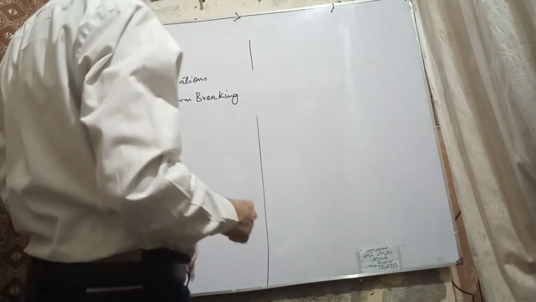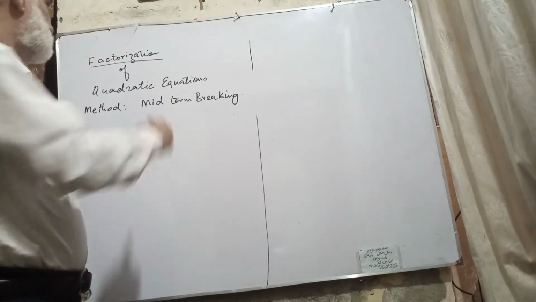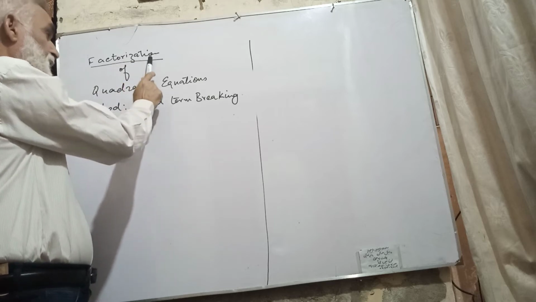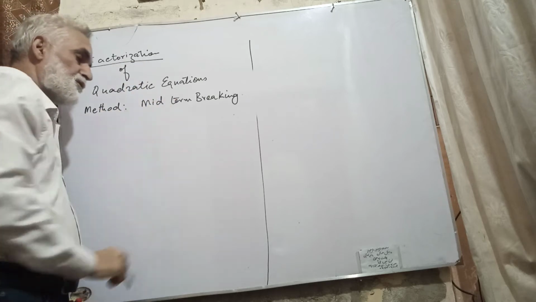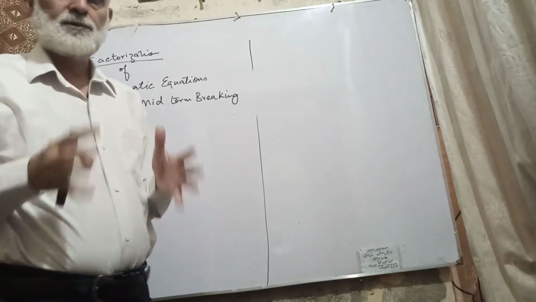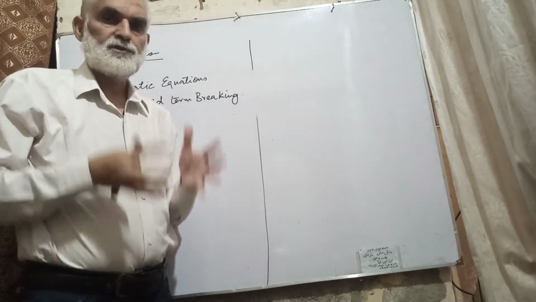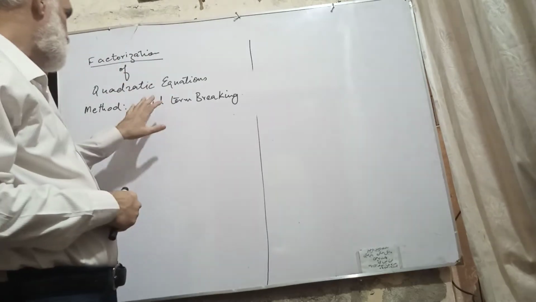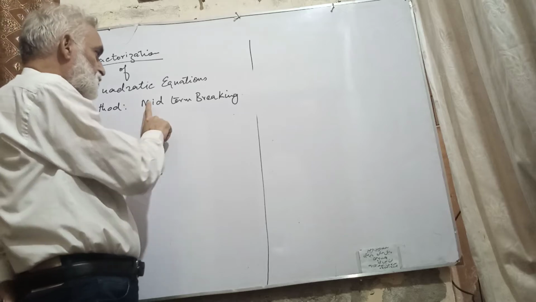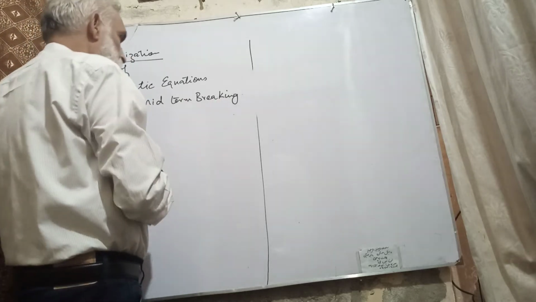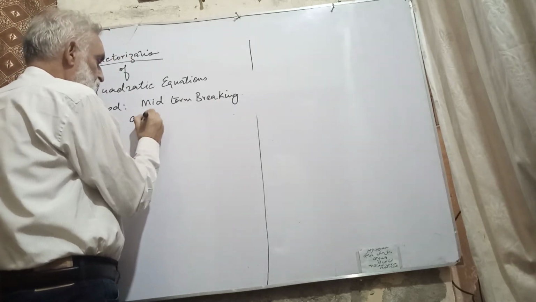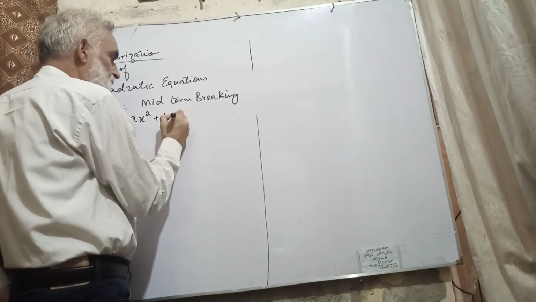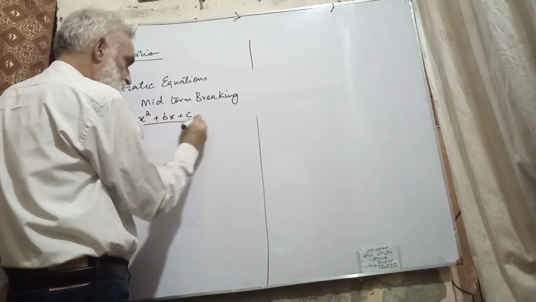Dear students, our today's topic is factorization of quadratic equations. The method I will use is middle term breaking. The standard quadratic equation is ax squared plus bx plus c, right?